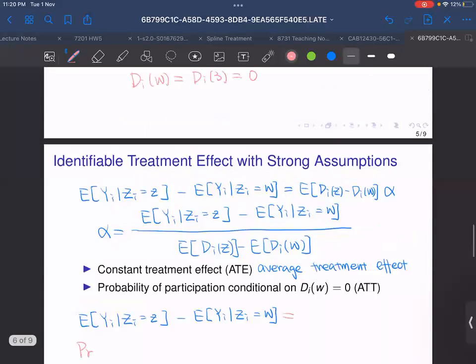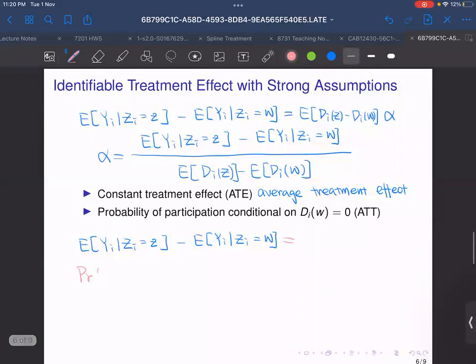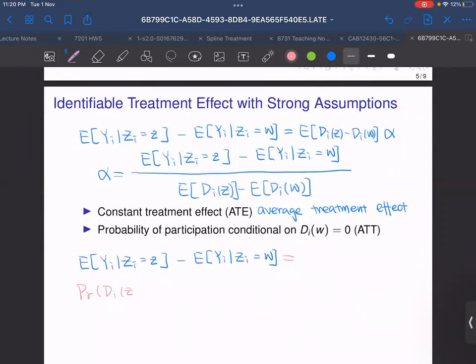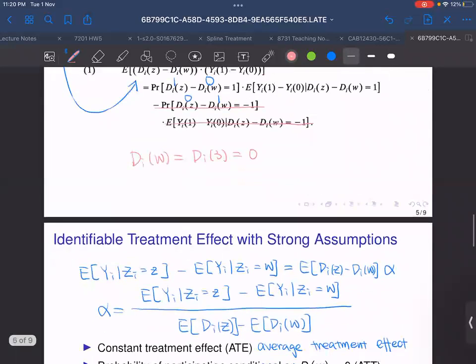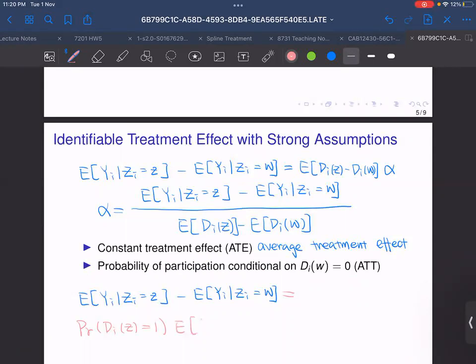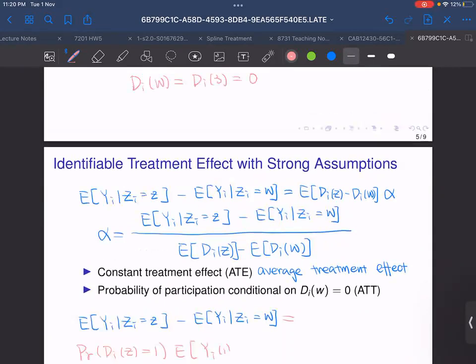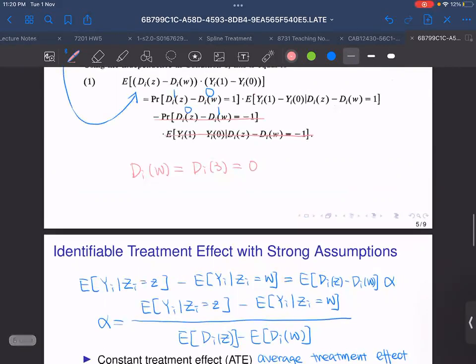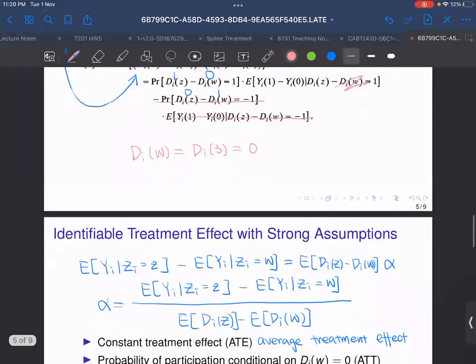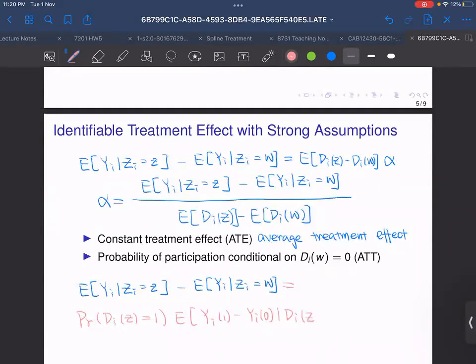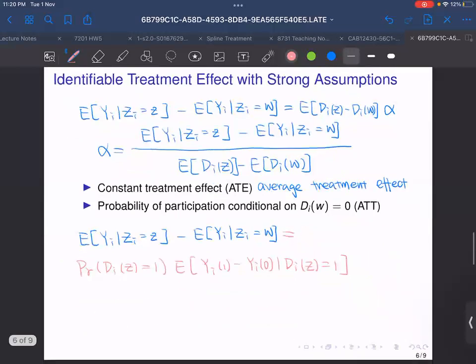So the probability of D_i(z) being 1, times the expectation of Y_i(1) minus Y_i(0), given that D_i(w) is always 0, we can just eliminate this term. So it's D_i(z) equals 1. All right.